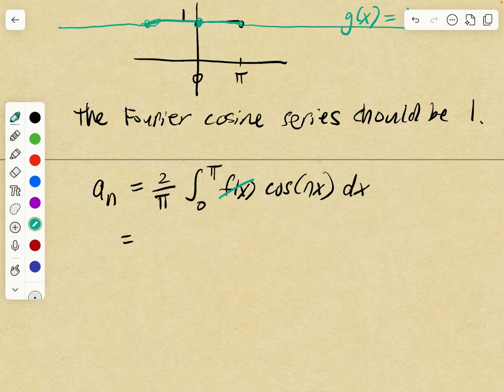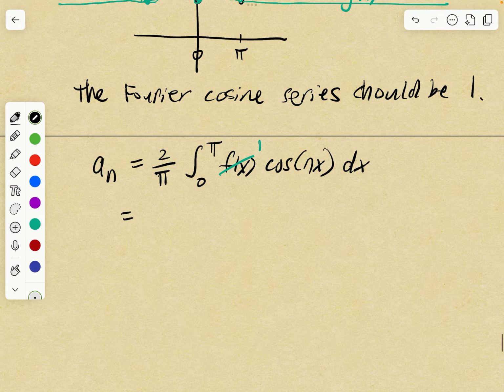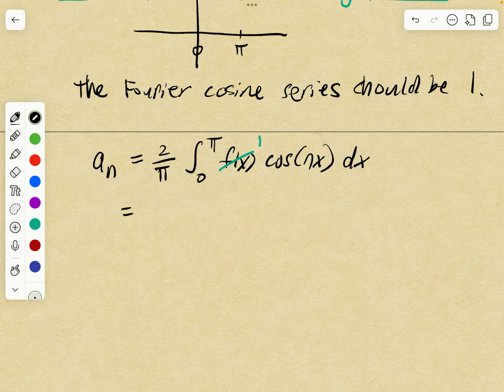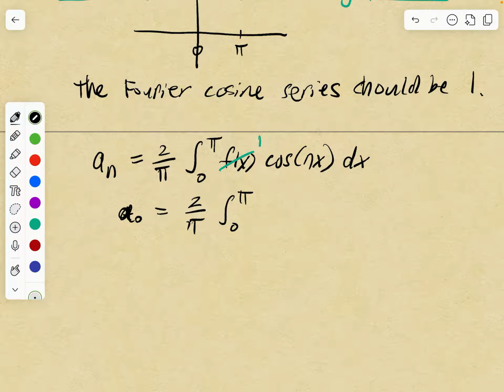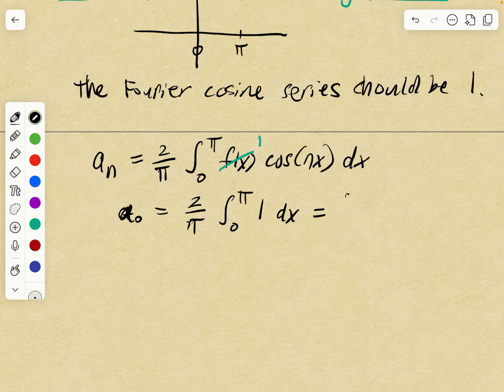So I'm integrating cosine nx, which we've done in a previous video, but the way you do it is you calculate a sub 0 first. It's going to be 2 over pi times the integral from 0 to pi of cosine of 0x, which is 1, dx, and so this is 2 over pi times pi, that's 2.